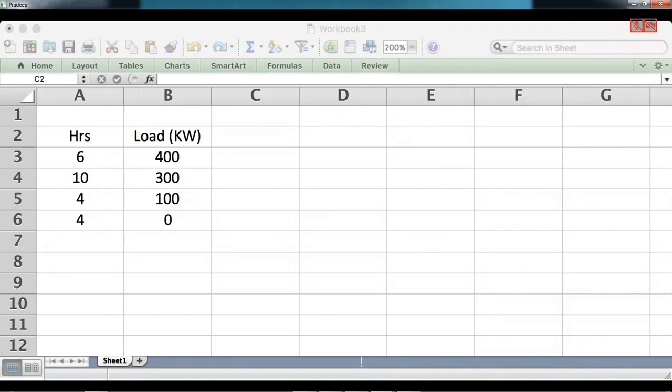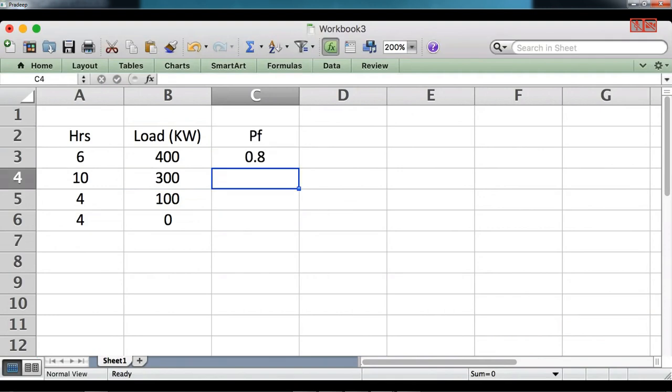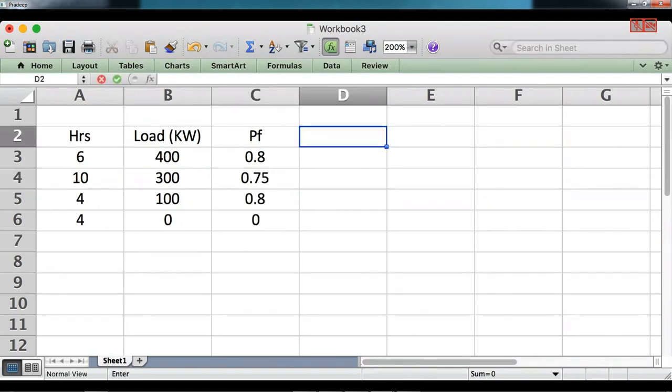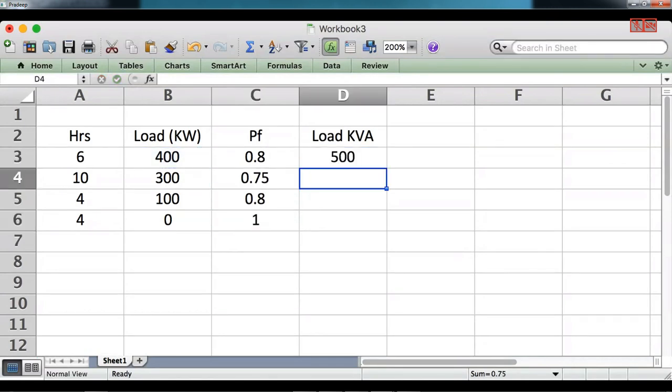Power factor 0.8, 0.75, 0.8, and power factor is 0 here, not required. So then what is the load in kVA? So the load in kVA will be total load divided by power factor. So then here I'll assume it is 1. So here I'm getting the load in kVA.